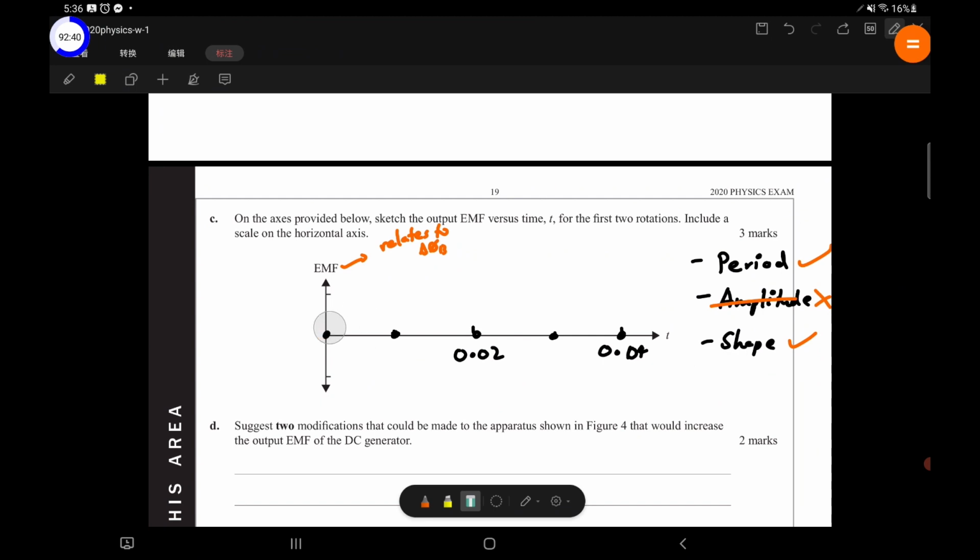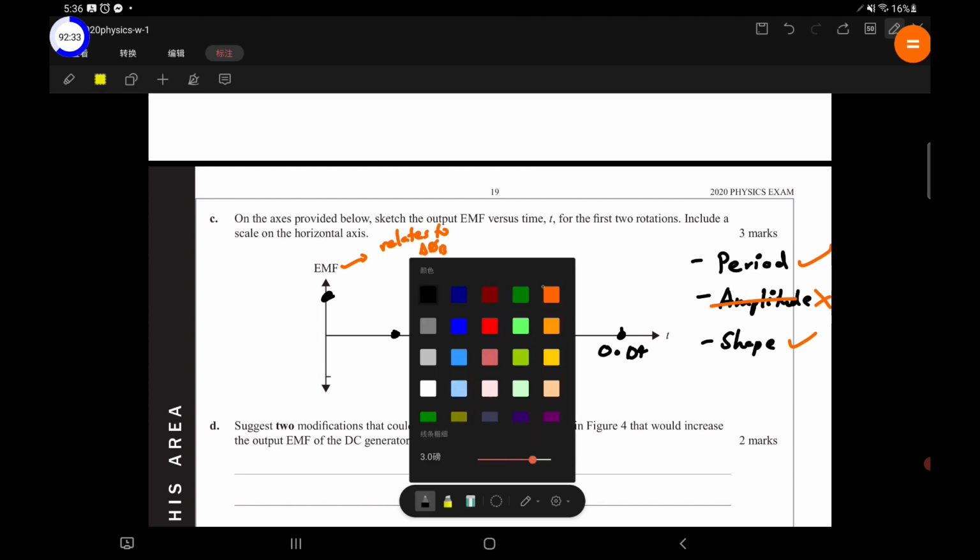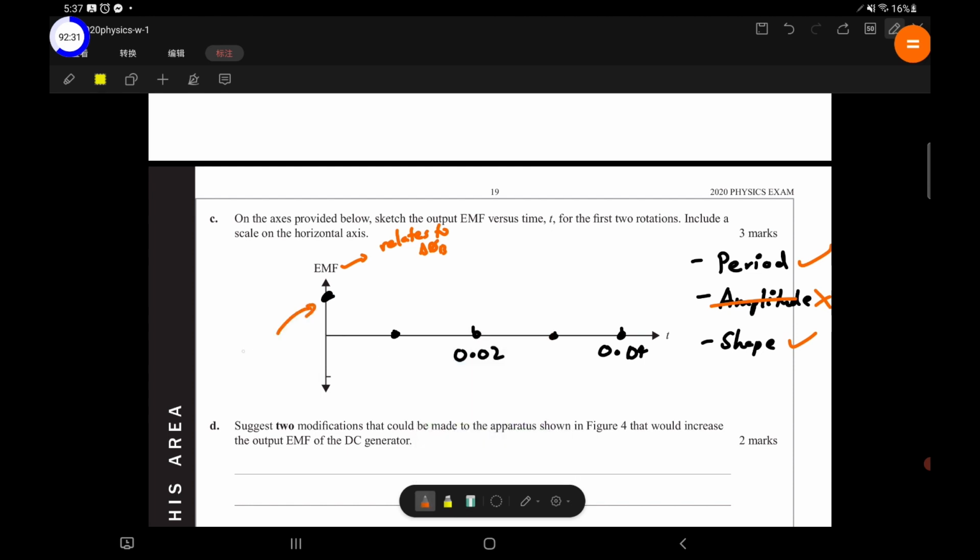So we actually start our graph up over here, right? Not down over here, since our coil starts at a horizontal position. And so that is a really important detail.